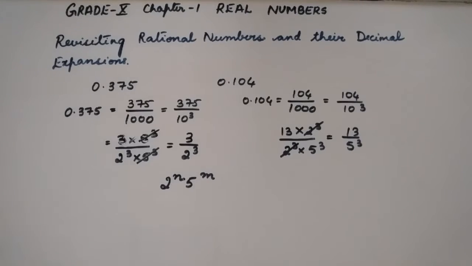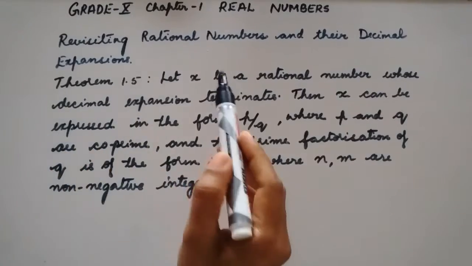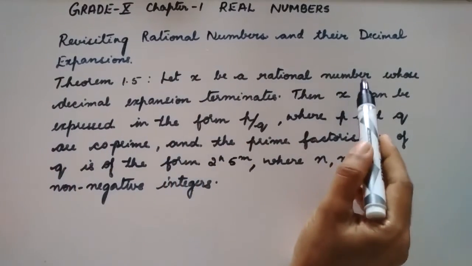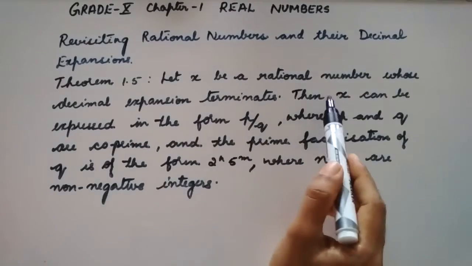So next let us understand the three theorems based on this, that is the rational numbers and their decimal expansions. Let us first understand theorem 1.5. Theorem 1.5 states: let x be a rational number whose decimal expansion terminates.